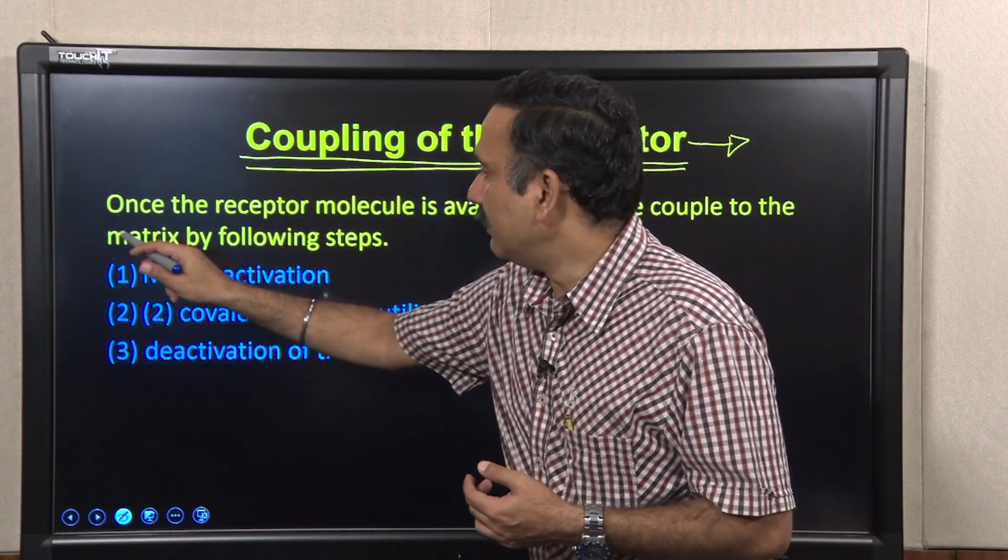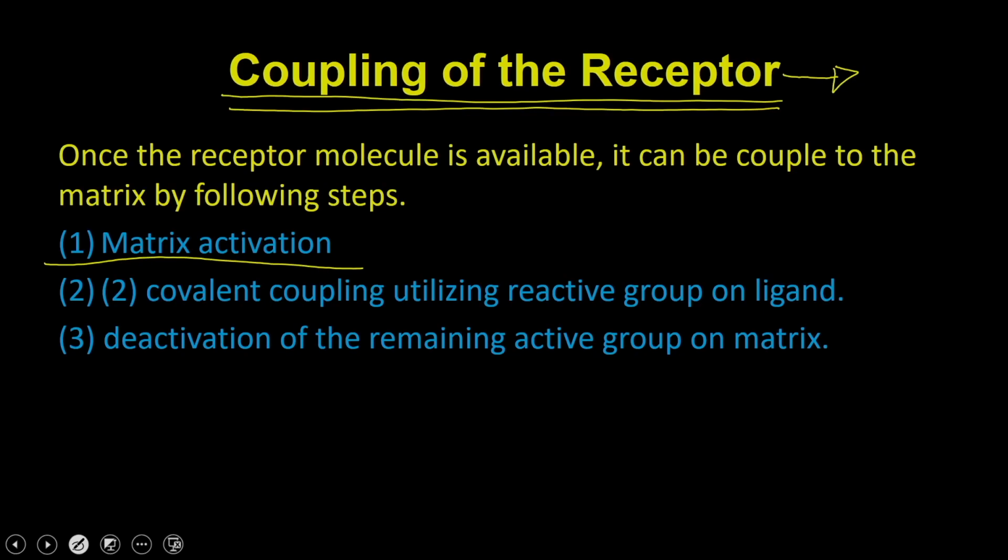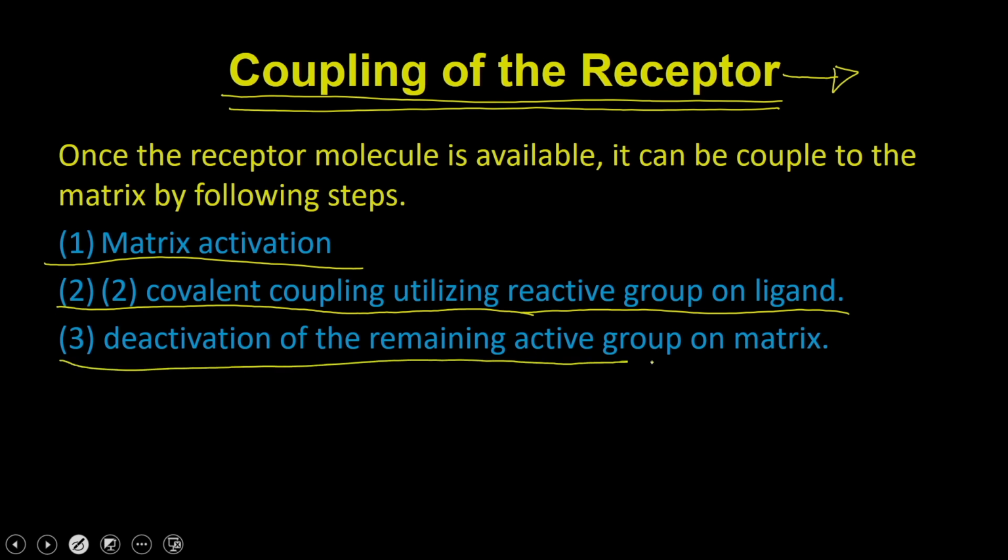In the coupling reactions you have 3 steps. First, you activate the matrix, then you do the coupling reaction with the help of the reactive groups present on the ligands, and then you have to deactivate the remaining active groups which are present on the matrix.